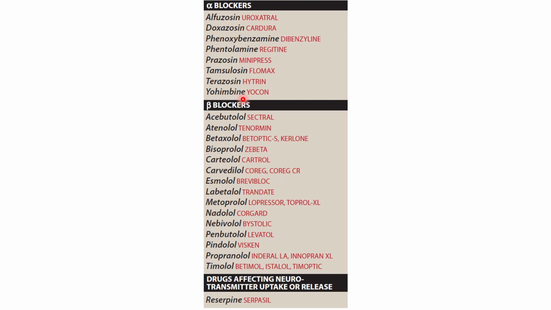Yohimbine was obtained from the bark of this tree, and it has been used as a sexual stimulant and also for the treatment of erectile dysfunction. It's a selective alpha 2 blocker.